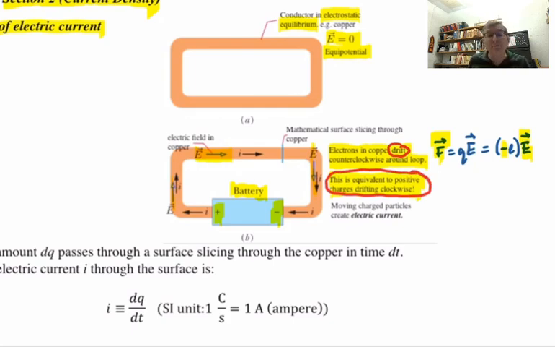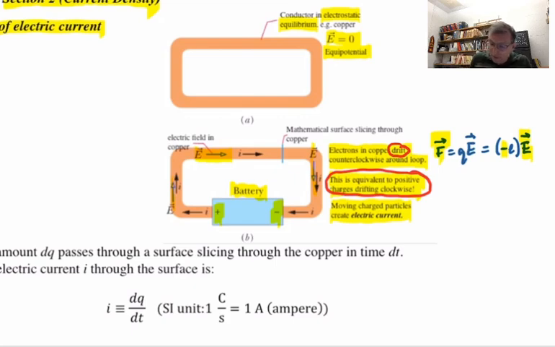So we're going to think of it as positive charges drifting, at least in this case, clockwise with the electric field, yes? And moving charged particles constitute what we call electric current. Right? And now we're going to focus on the moving positive. We're going to think of it as if we have moving positive particles, and we're going to look at that electric current.